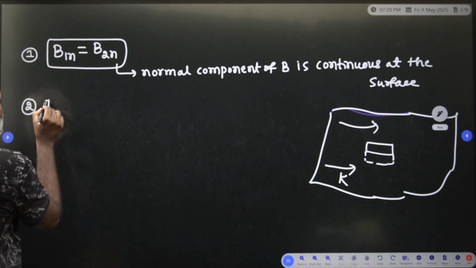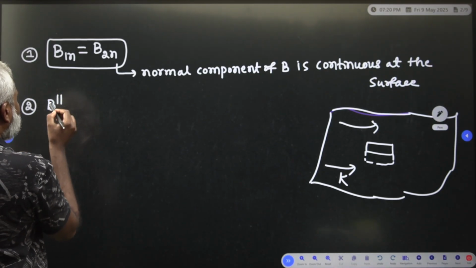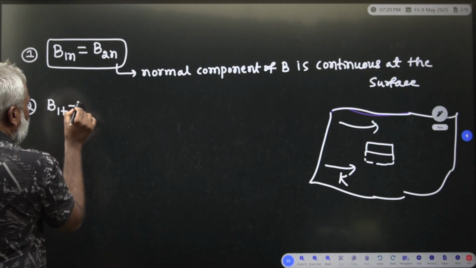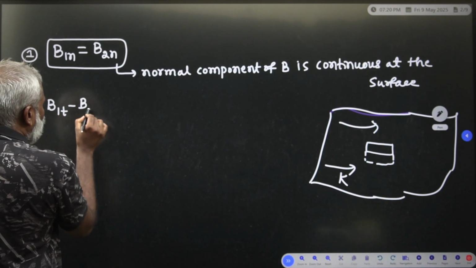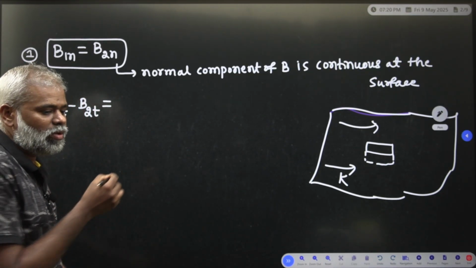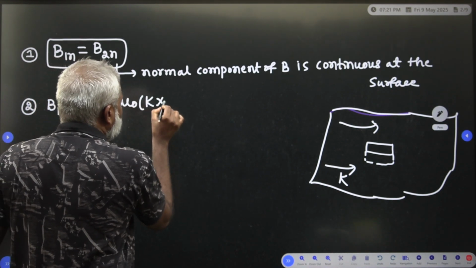The second one is the parallel component, meaning the tangential component. We write the tangential component of B1 minus B2 is equal to mu naught into K cross n cap.